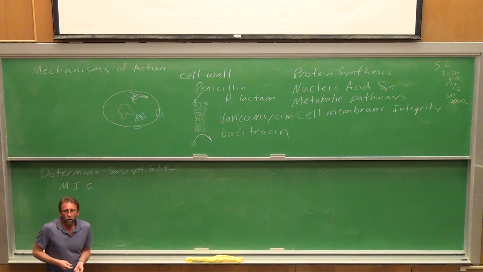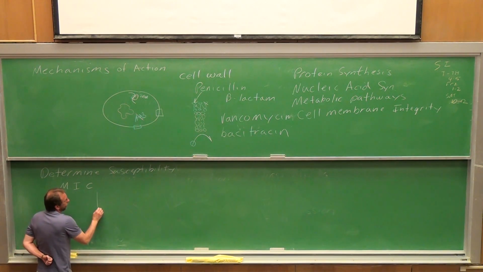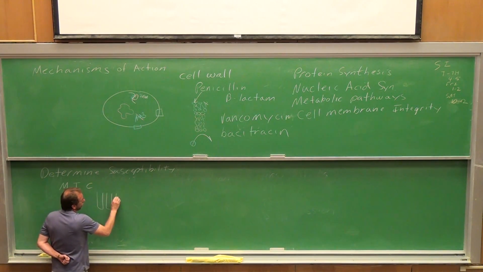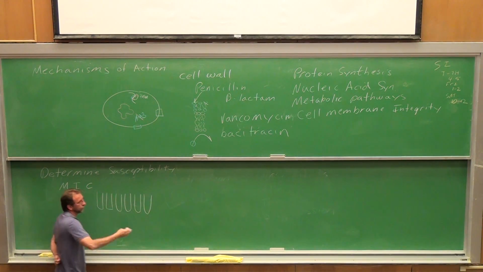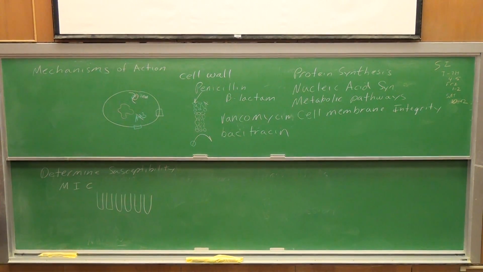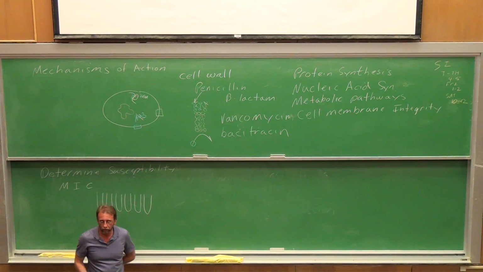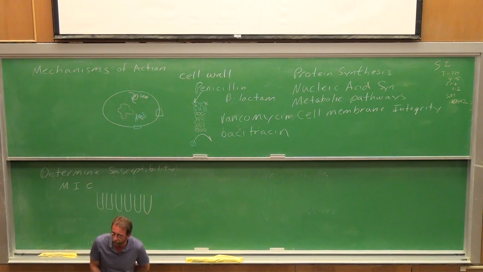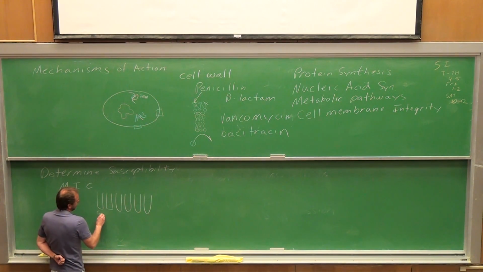How do we do this? We have to set up what is called a serial dilution. This is something that we're going to do in lab here real soon. But basically, you set up yourself a number of tubes, depending on the series you want, and then you decrease your chemical concentration, starting with a control that has nothing in it.